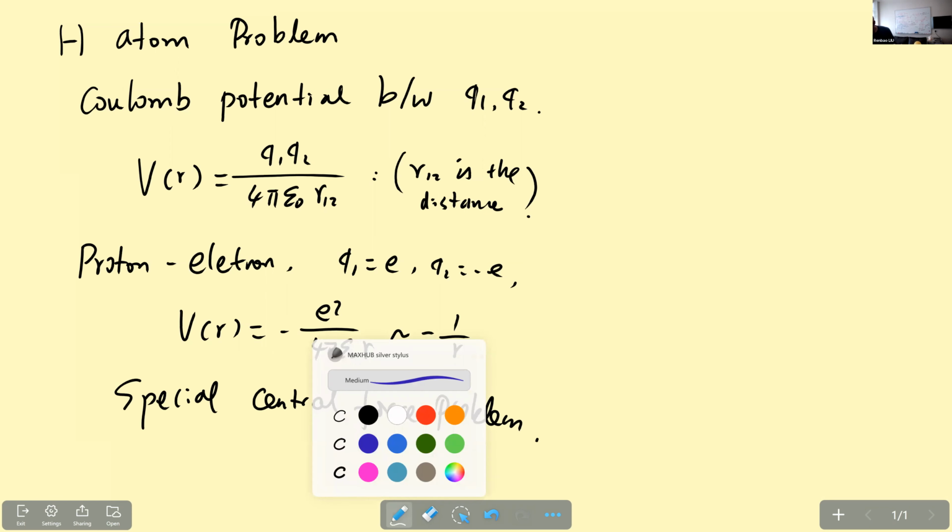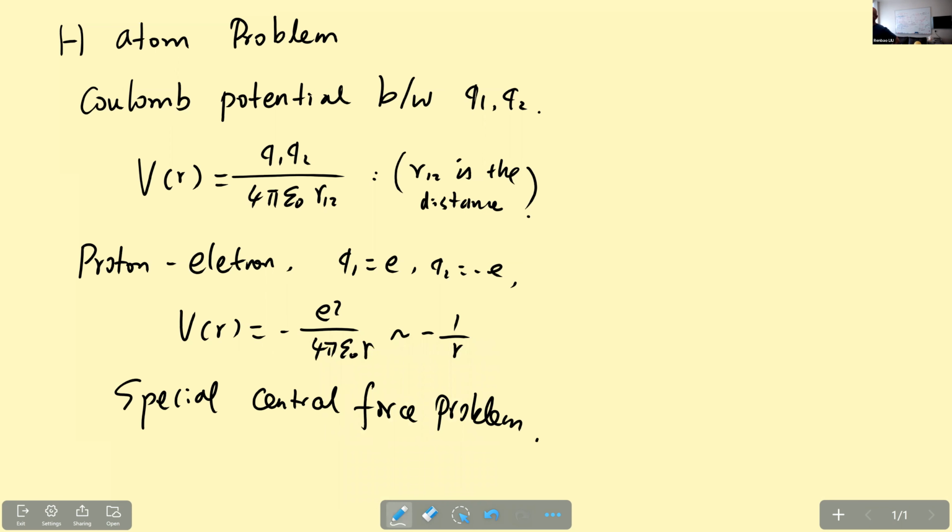And this problem actually has a lot of applications, right? So you can have the hydrogen atom. This is basically the proton and the electron. You can also have, for example, deuterium. So you have a proton and a neutron and the electron, right? So the mass is different. Okay, you can have a helium, but ionized. Okay, so it's a positive charge. In this case, you have the alpha particle and the electron.